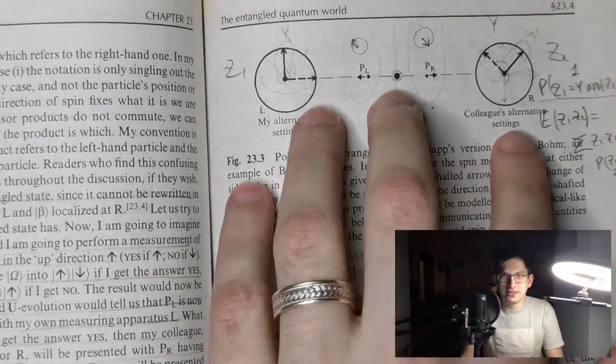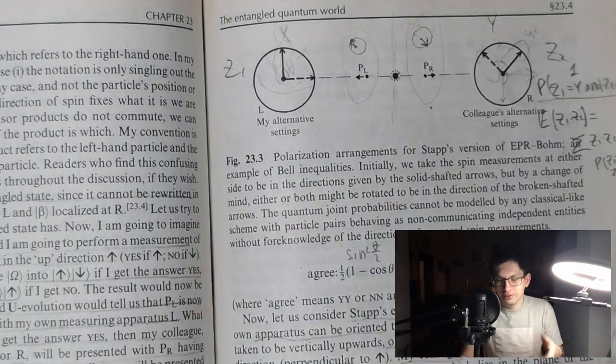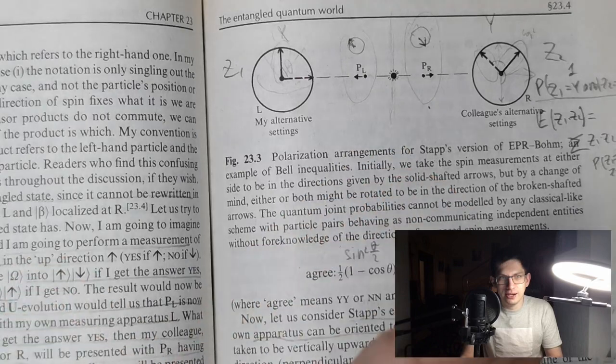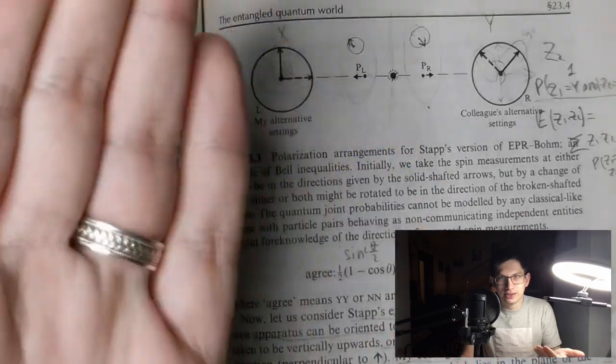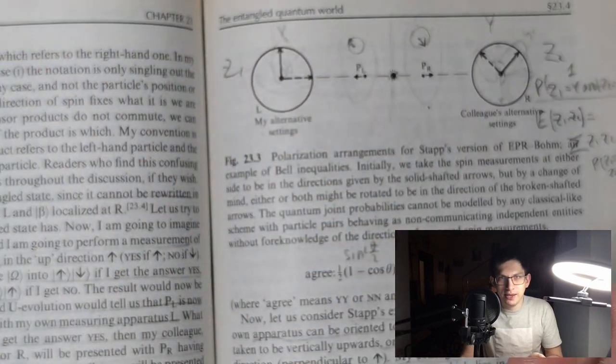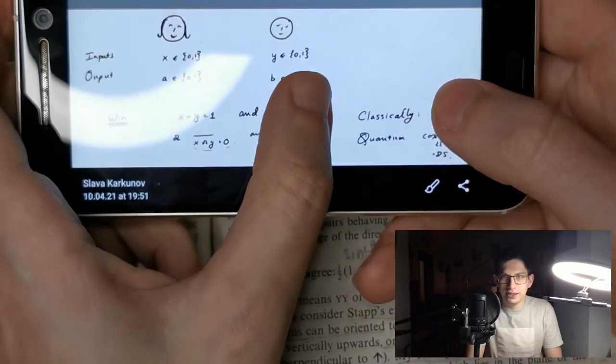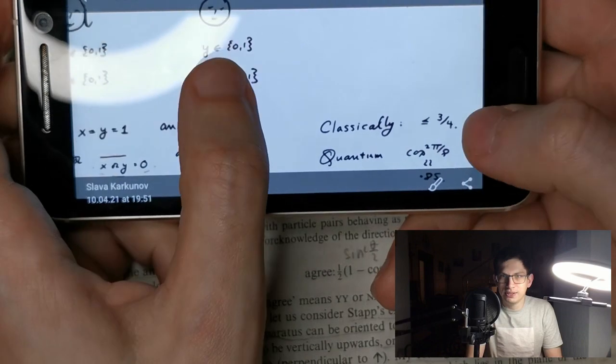They can just observe a stream of those particles, calculate statistics, and afterwards in a few years come together, check their statistics and see if they have 85%.